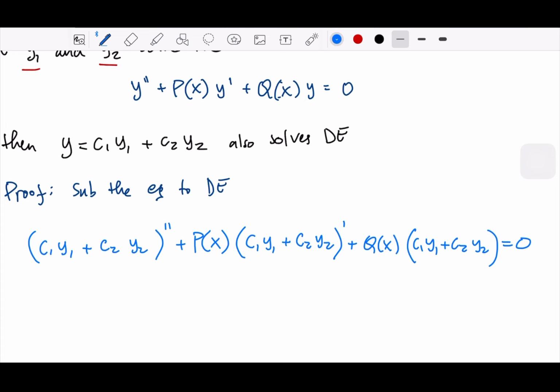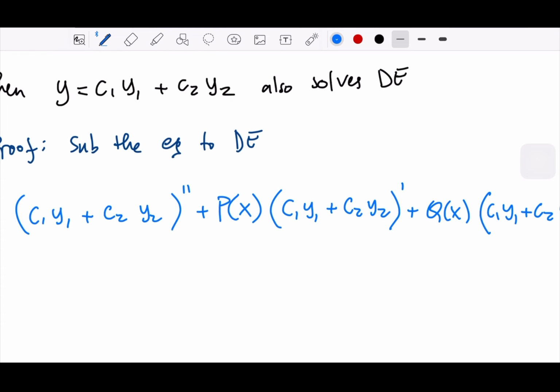Now, of course, we can simplify, because the constant is still a constant, we just consider the variable y.